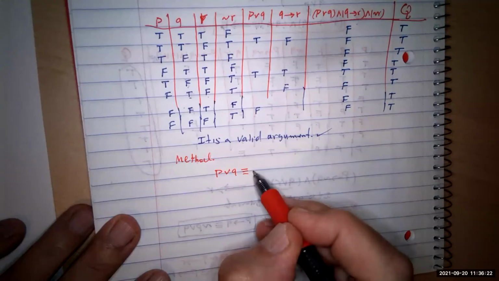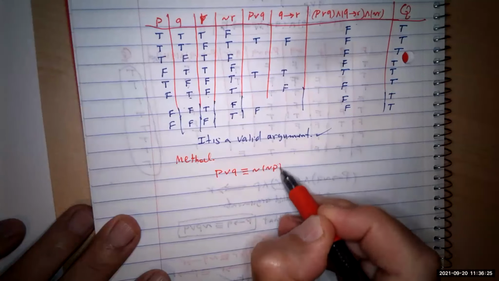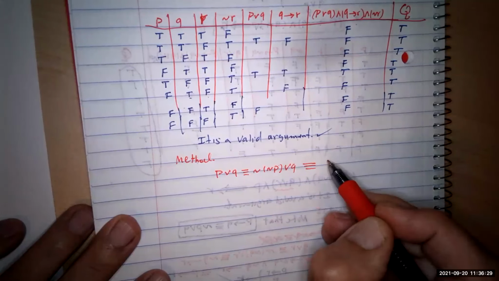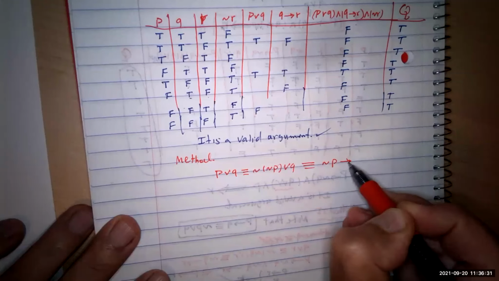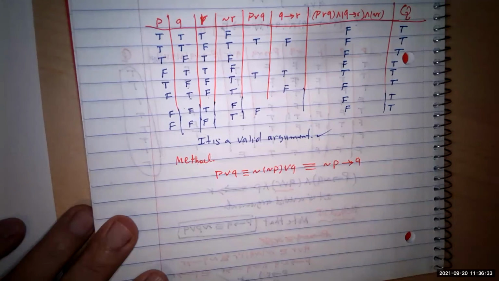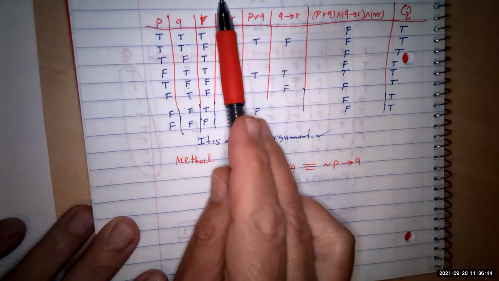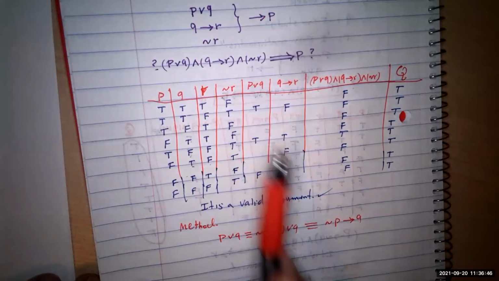I need a not P here, so it's not P or Q. So now that gives me not P implies Q. Okay, in this format, not P implies Q. So if you check, this is not P, Q, and I have a Q, R here. You see the second part?